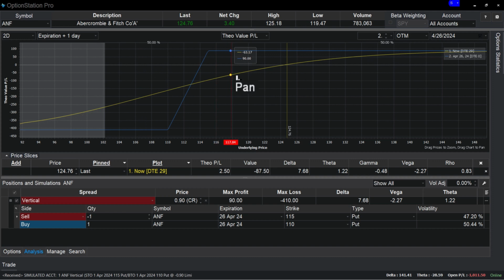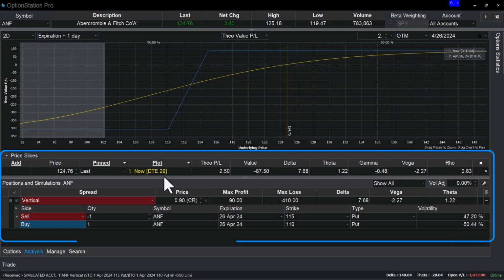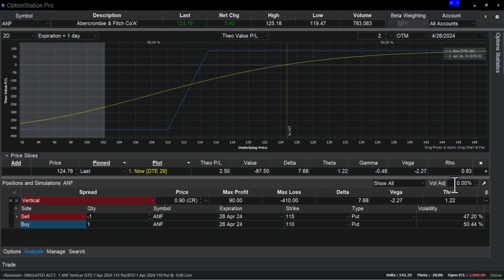In our example, we can use TradeStation Pro's price slices to view the effect volatility has on the theoretical price of the bull-put spread. At the current price and volatility, the theoretical value of this spread is $129.25.